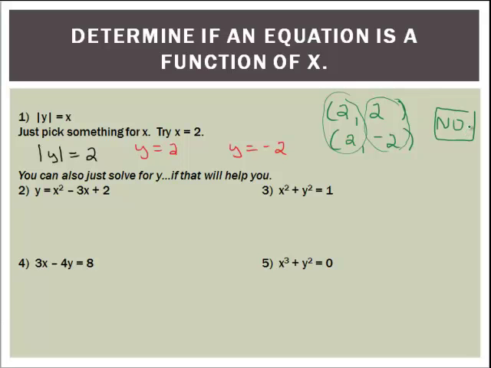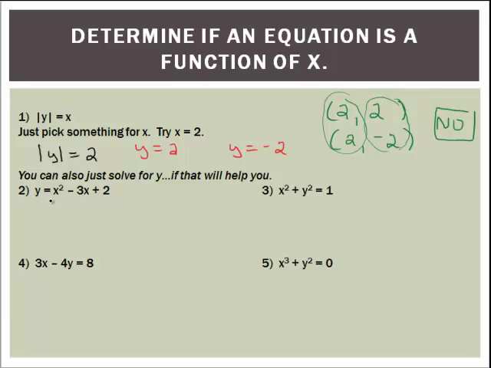Okay, so what if it's not quite so easy to determine that? Have a look at this one. Number 2. We need to determine if we're ever going to have repeating x's with different y's. Do you know what this is the equation of? This is a parabola because it's a quadratic function, right?